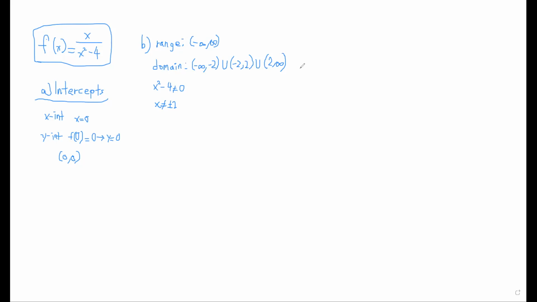Now for part C, asymptotes. VA will stand for vertical asymptotes. We just solved it in part B. X can't be negative 2 and 2, right? So those are where the vertical asymptotes are. And HA, horizontal asymptote, it's where x is plus or minus infinity.